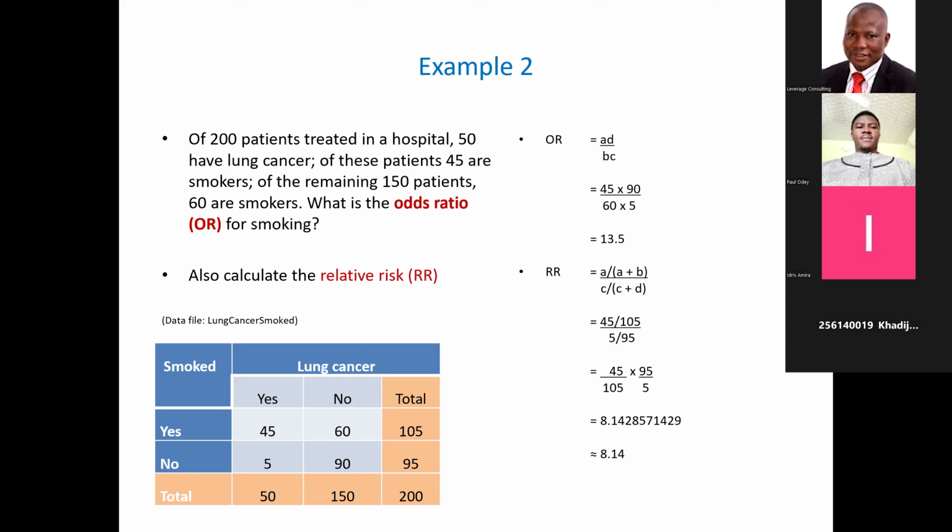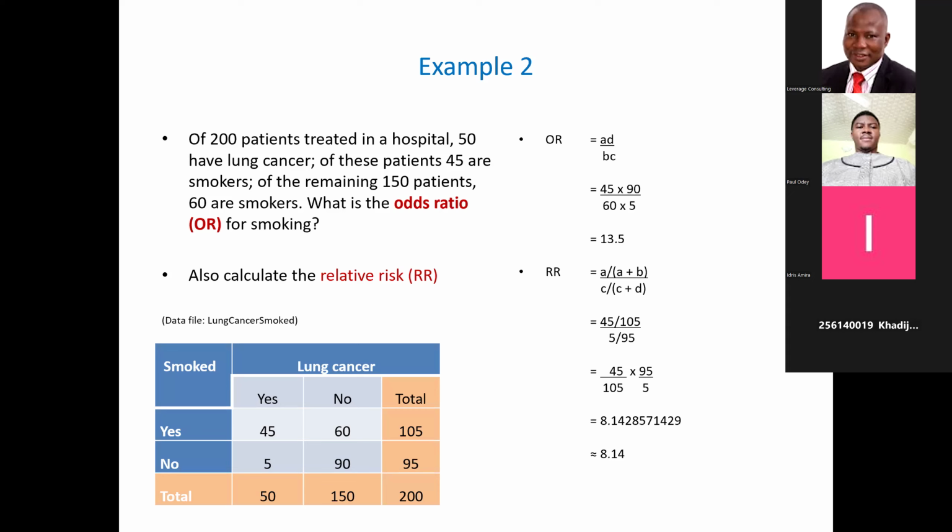Look at the explanation now, one can actually tabulate. You see, of 200 patients treated in the hospital, the total is 200. That's the grand total. And 50 have lung cancer. So look at total lung cancer, 50.